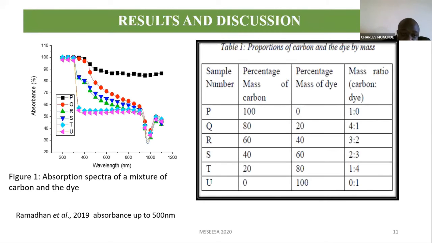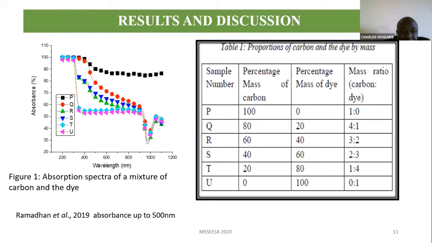We realized that the highest absorbance, which is just below 100, was purely carbon, and the least was purely the dye. But in between the ratios, you'll find there's a decreasing trend, but you realize that the absorbance is about above 60%, and the ratio of interest is 2 to 3, S. If you look at the S, you realize that the absorbance is just above 65.